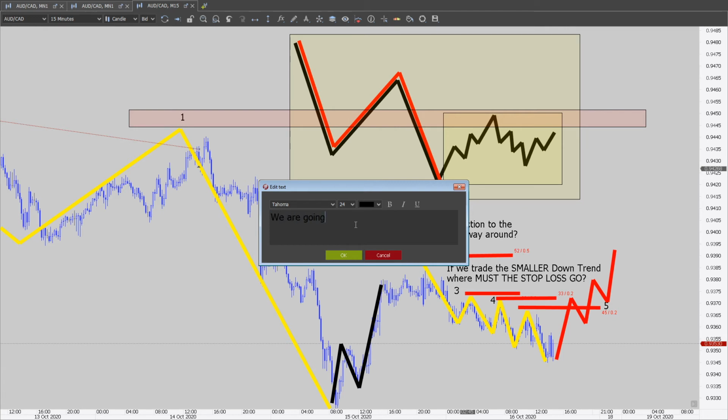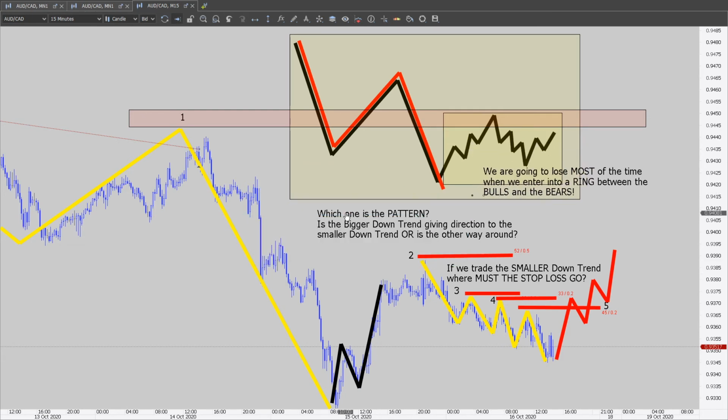We are going to lose most of the time when we enter into a ring between the bulls and the bears. Why? Well, sometimes we get lucky, you know. But we are going to lose most of the time when we enter into a ring between the bulls and the bears. This is the ring.